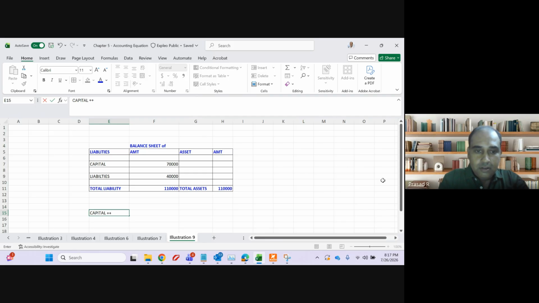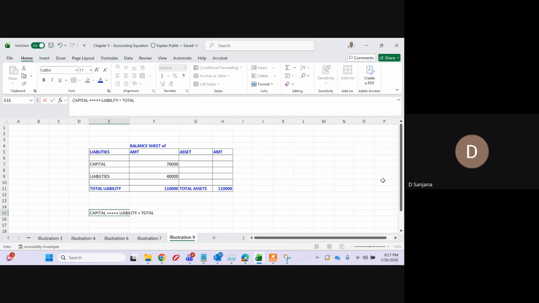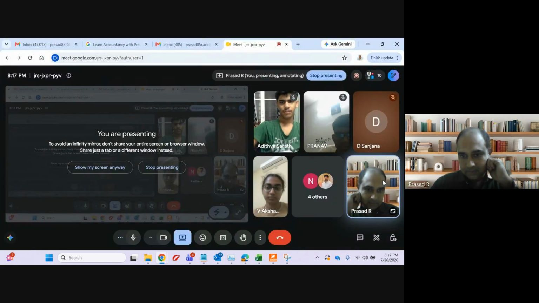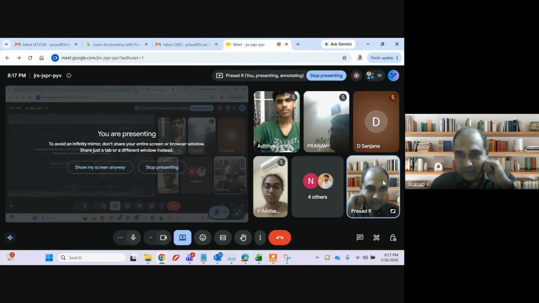Capital plus liability is equal to total assets. We created a formula now. That is what the question is asking. Clear? Easy?